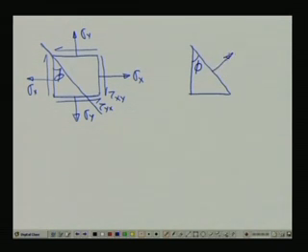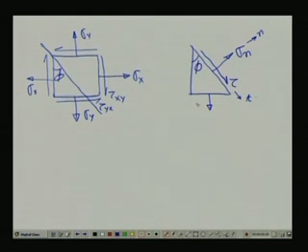Sigma normal, because it is a normal direction, means we are considering this plane, and onto this plane we are considering shear stress tau, and this direction we call the tangential direction. So this is the sigma y direction.